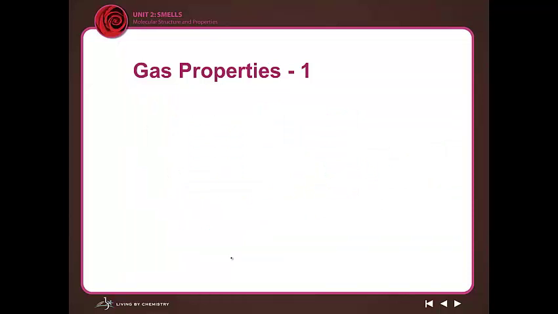So as temperature increases, the particles move more quickly.